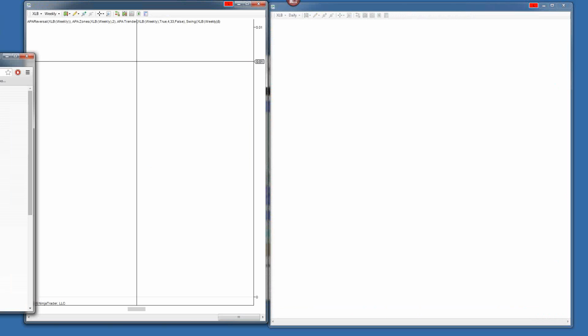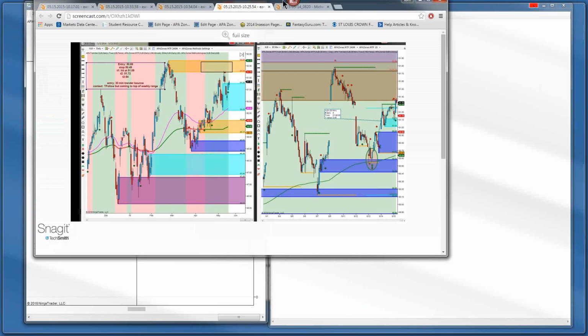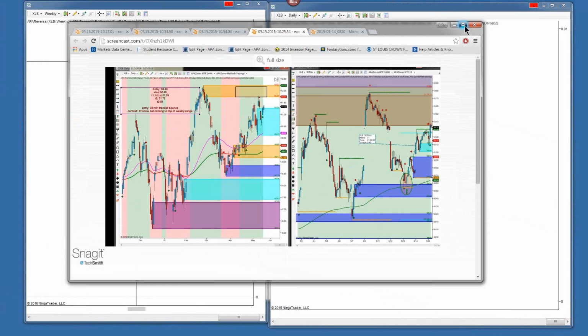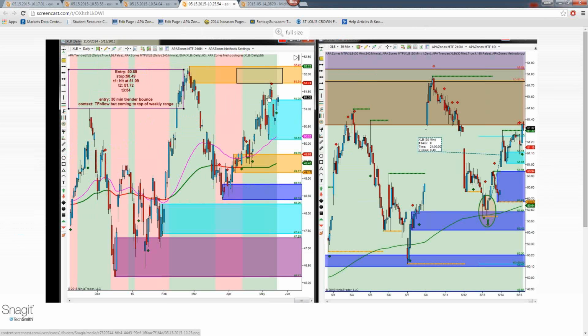But on this entry right here, it was more of waiting to see this gap up here hit this zone. We come back down, we fill this gap, and we hit this nice continuation zone right here, and we start to consolidate.